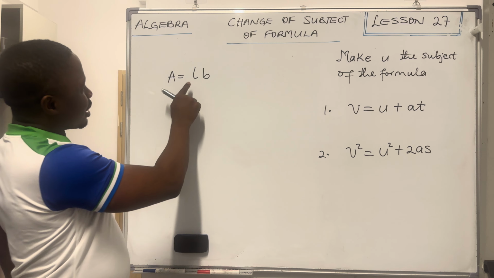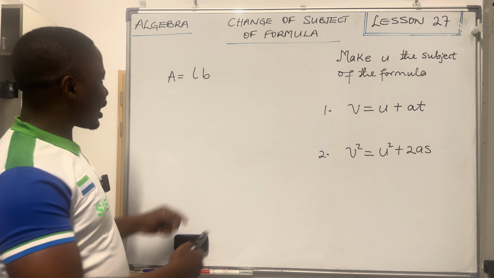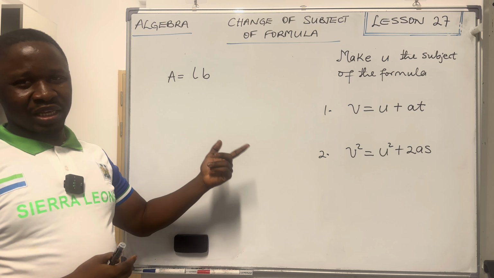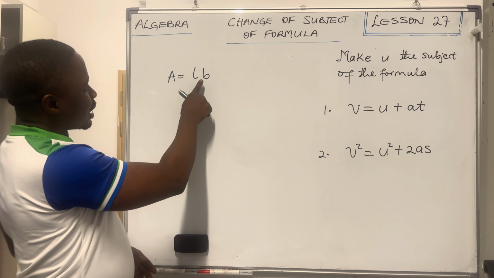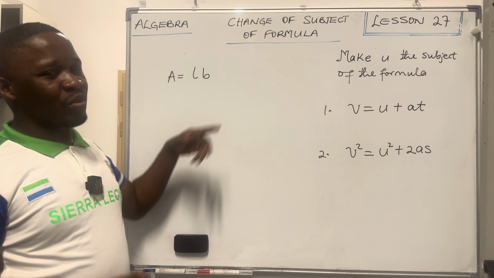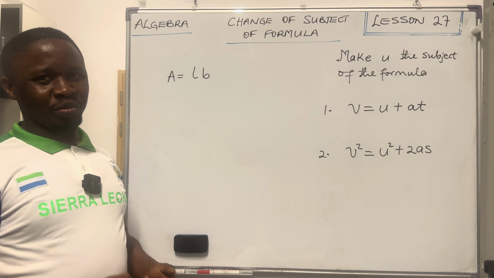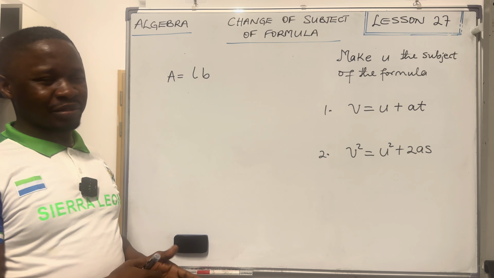But is it standing alone on one side? On the right hand side, it's not only L, we have L and B. So we cannot say L is the subject. Can we say B is the subject? No, because on the right hand side it is not only B. So in this relation, A is the subject. This is what we mean by subject in this case.